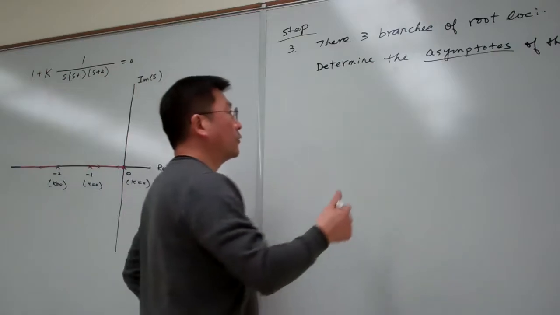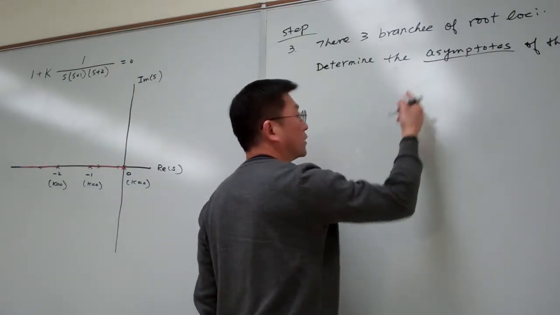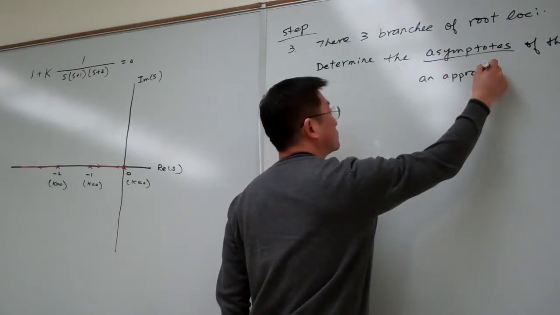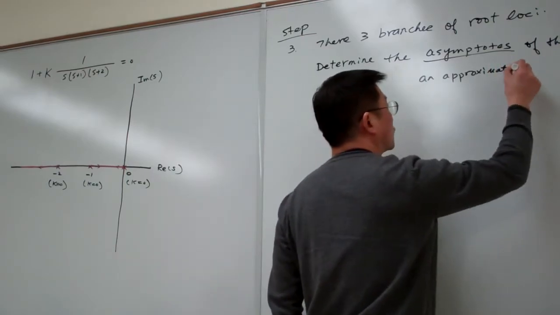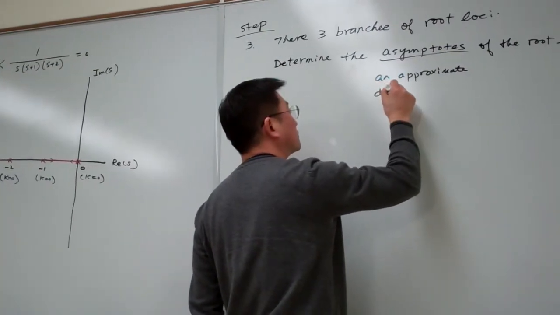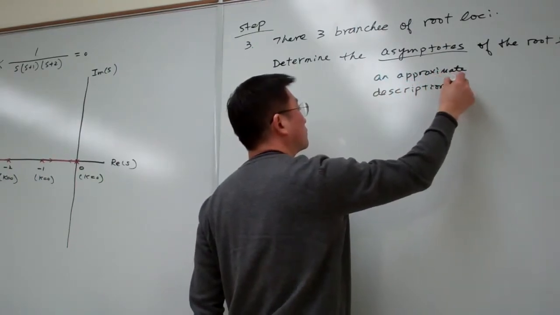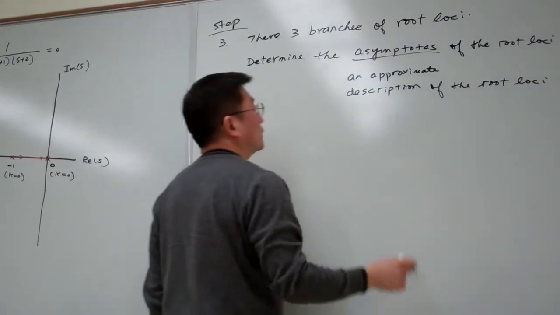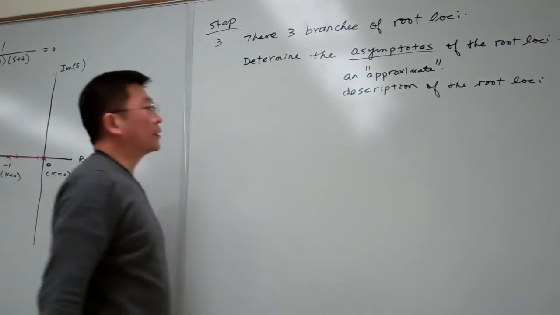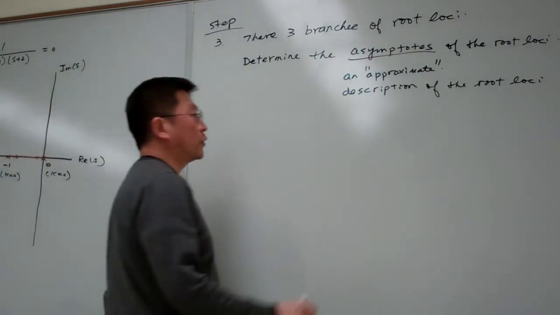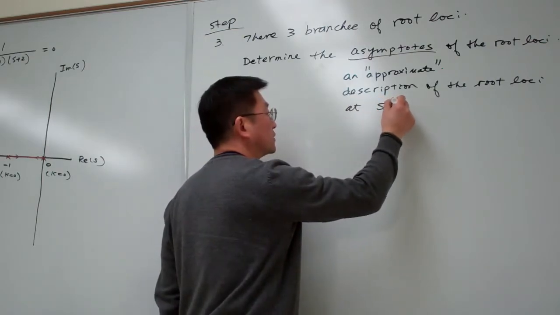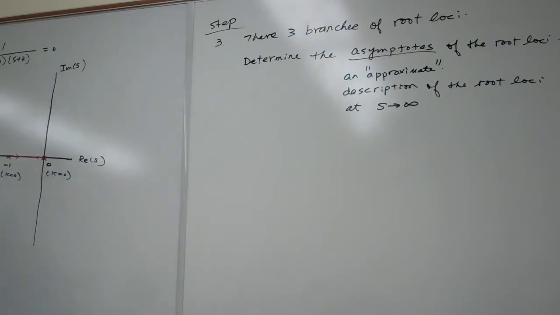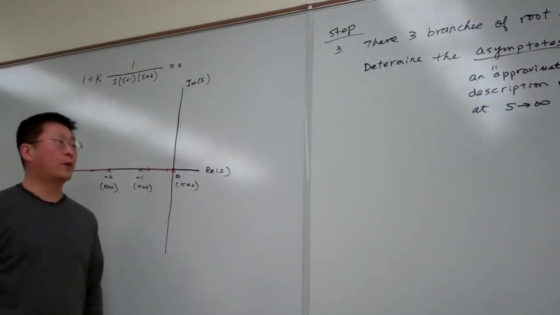By definition, the asymptote is an approximate description of the root loci, in particular as s approaches infinity.